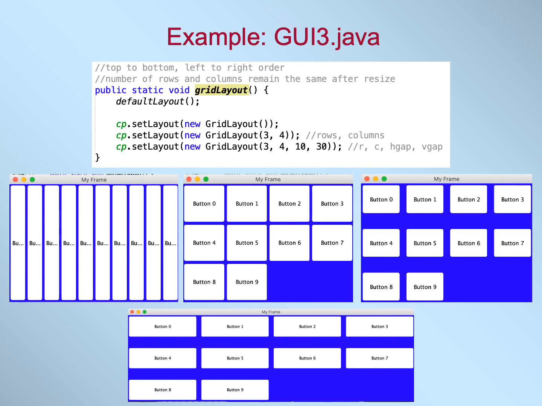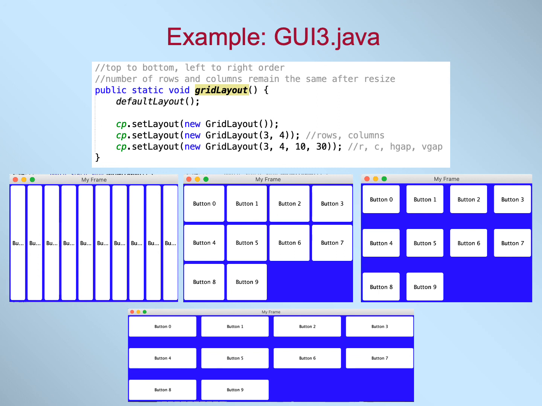Using the code from GUI3.java, if we use the first constructor, which is grid layout that takes no argument, it will show the first screenshot where all the buttons are arranged in one row. Say that we use the other constructor where we write grid layout 3 rows 4 columns, then we will get the middle screenshot where we now have 3 rows and 4 columns.